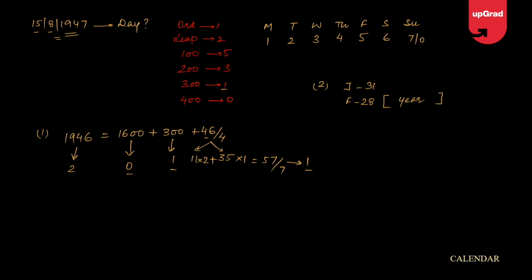Had it been a leap year, we would have counted 29 days in February. What about March? March has 31. April has 30. May has 31. June 30. July 31. August 15. Please remember, we have to calculate only till 15th of August. So do a total of it.